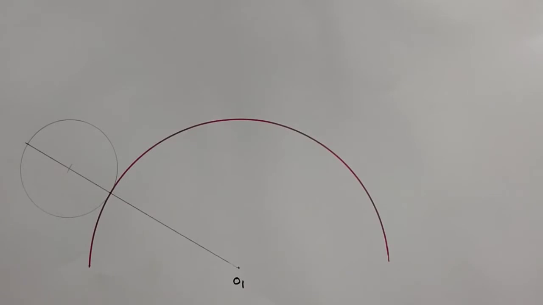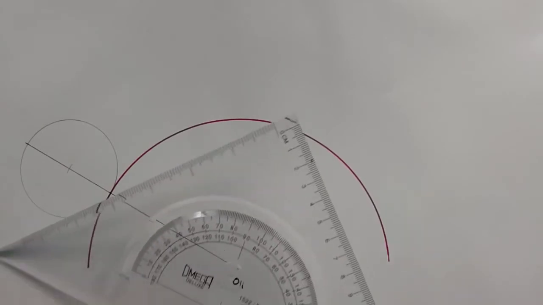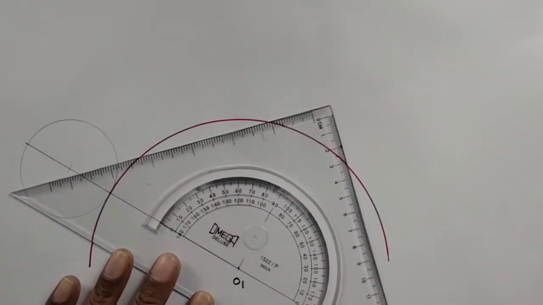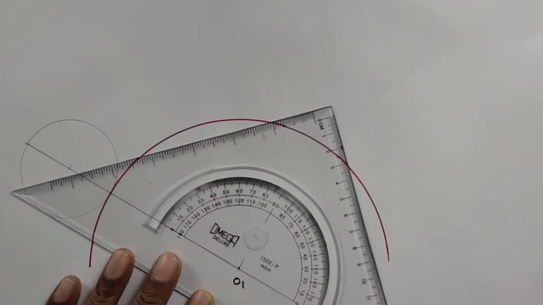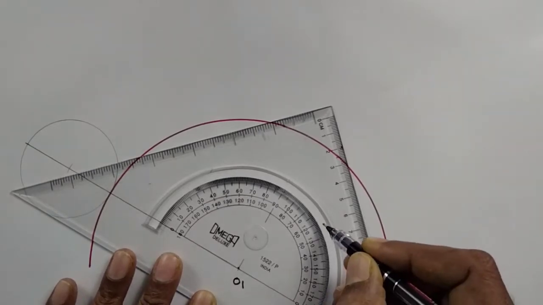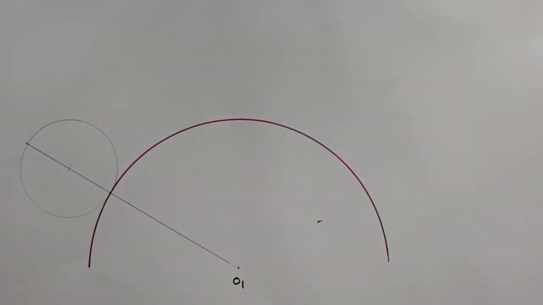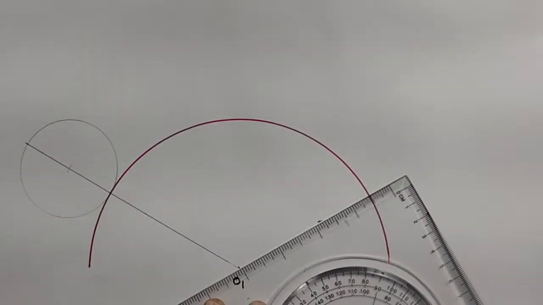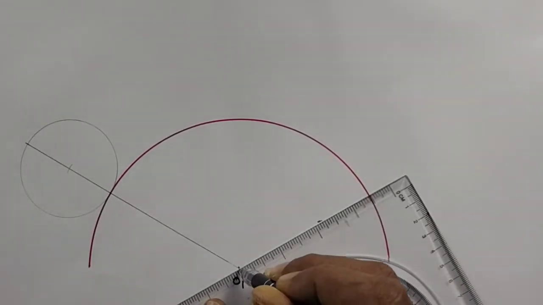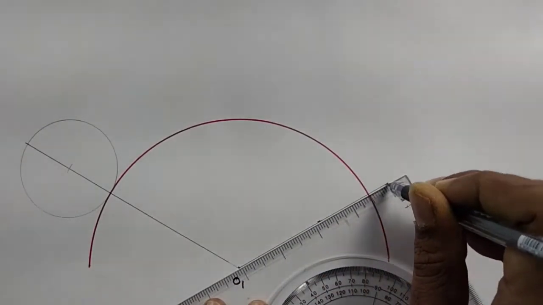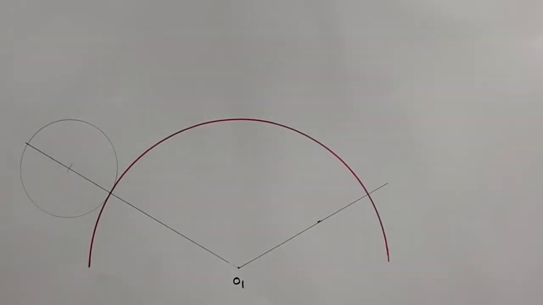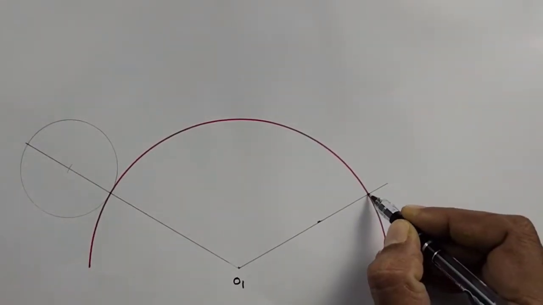Now, as per our formula, the distance traveled by the rolling circle on a directing circle within one revolution is 120. So I mark the 120 at O1 angle, and we draw our extreme position of the point.